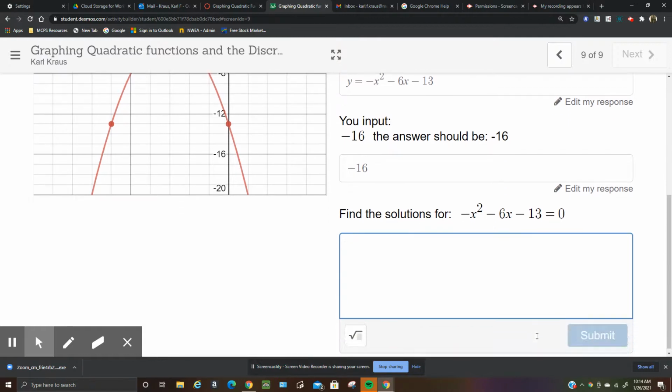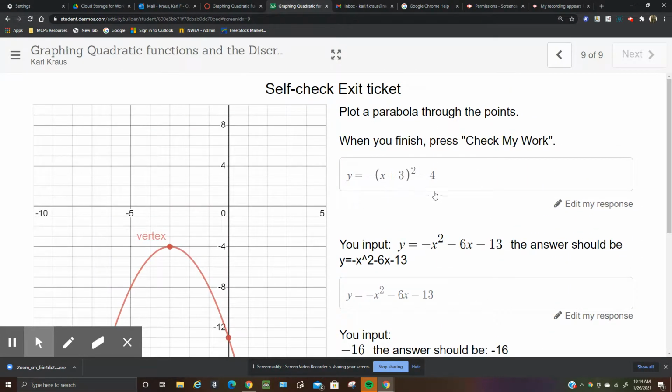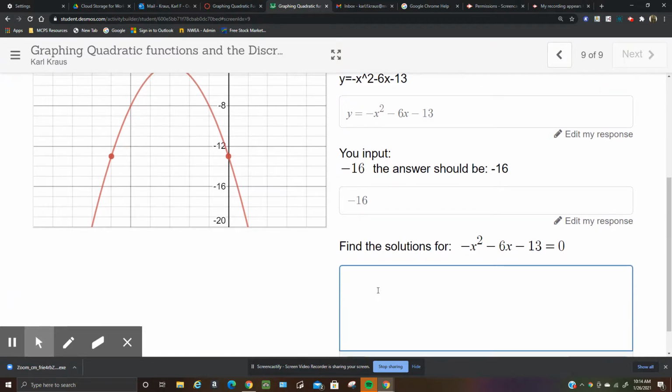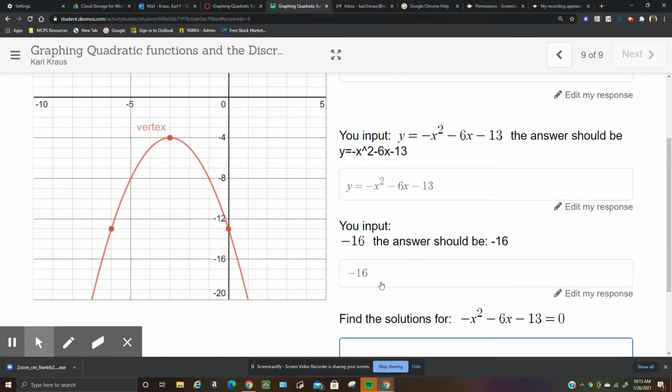All right, so to find the solutions, I'm going to go back up here and do this. So I equate this to 0.